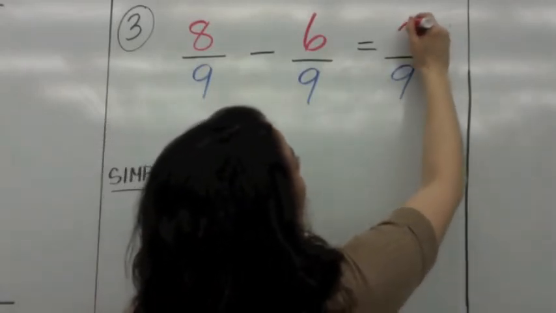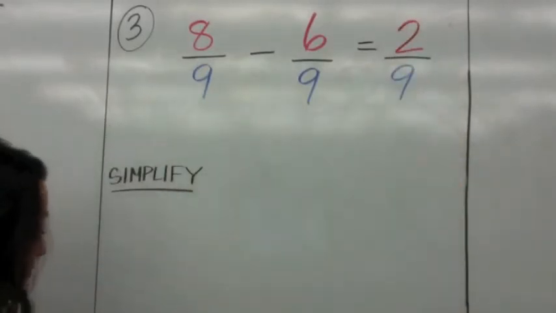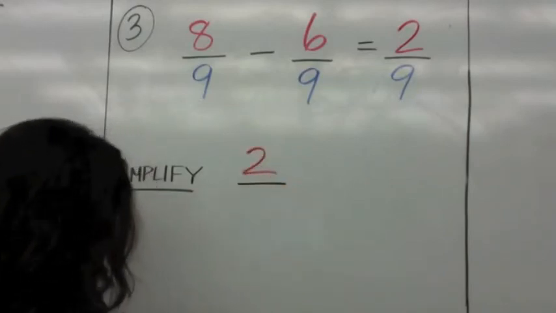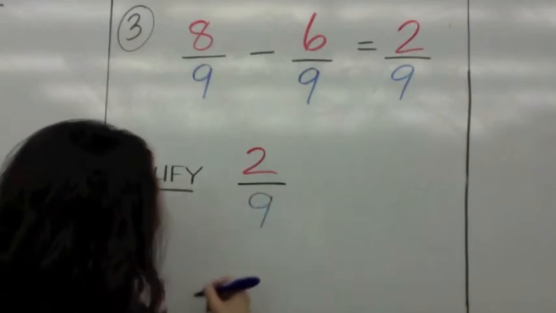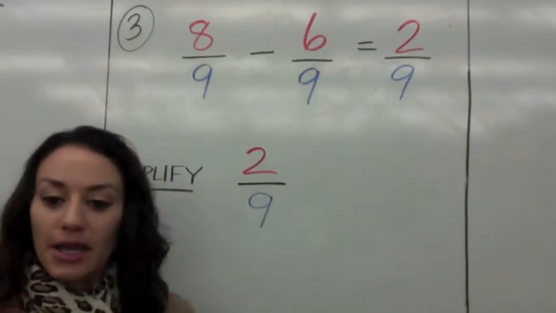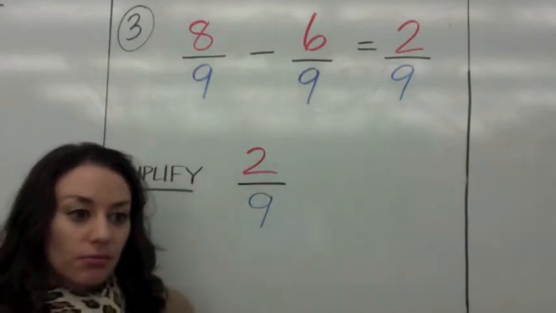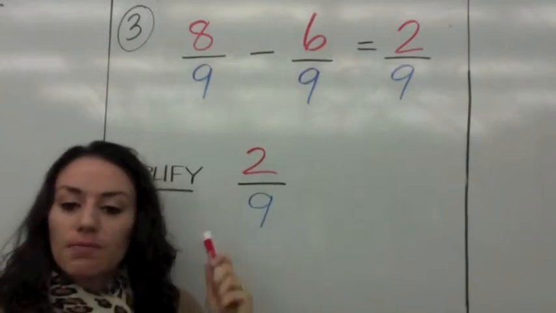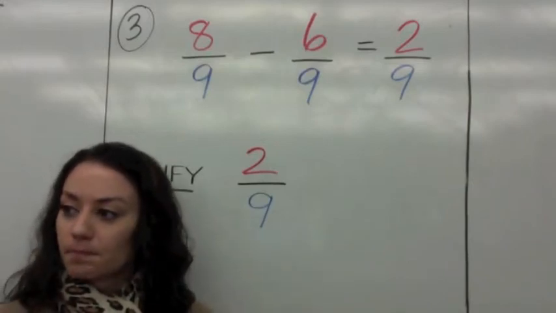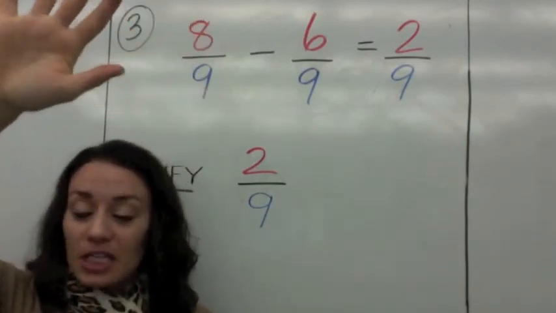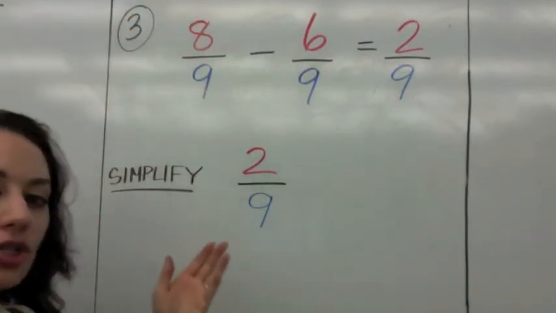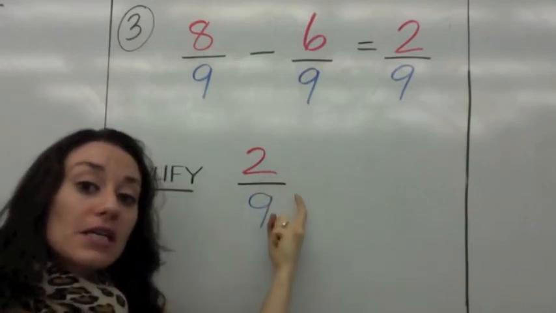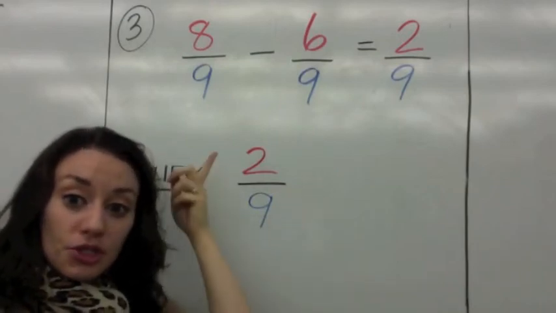It's 2. I want you to look at this fraction now. The fraction is 2/9. Can this fraction be simplified? Who thinks yes? Who thinks no? Why can this fraction not be simplified? Can anybody explain it? It's because there is no number that you could divide both 2 and 9 by. Is 2 even?